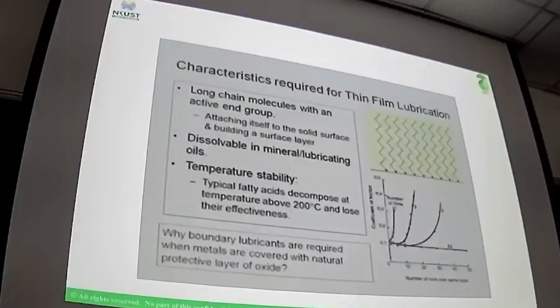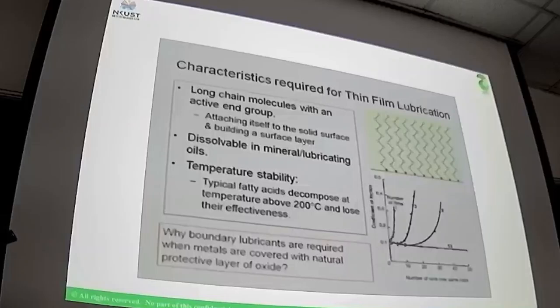For the lubricant used in thin film lubrication, the basic characteristic requirement is a long chain molecule with an active ending group, attaching itself to the solid surface and building a surface layer.